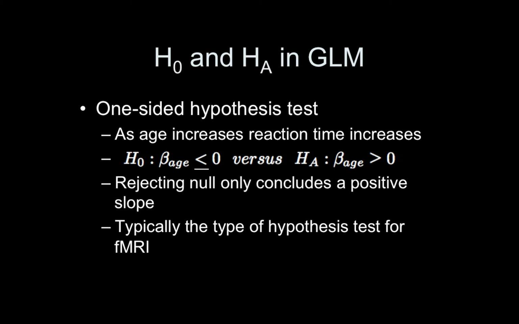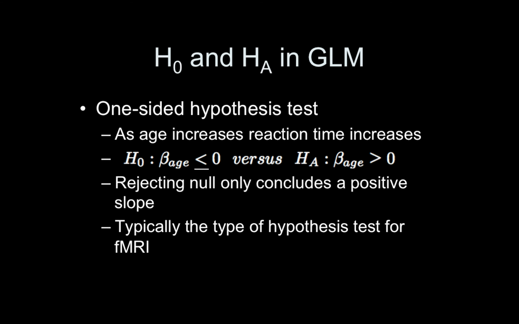And if you're testing faces versus houses, in a face-house task, just knowing that faces were different than houses is kind of not enough information. We're actually interested in places where the face activation is larger than house activation, and that's different than where the opposite is true. So in some sense, a one-sided hypothesis test makes sense in imaging because the directionality has a very different interpretation.